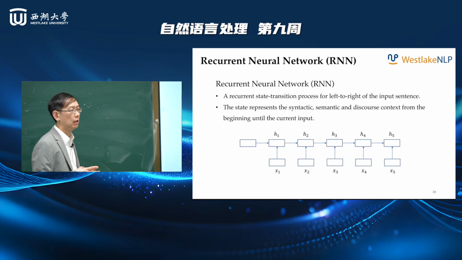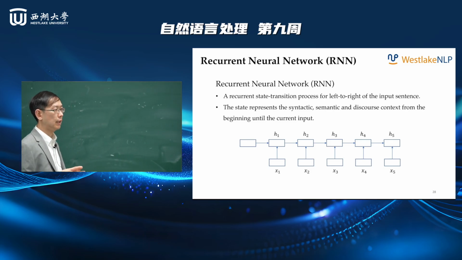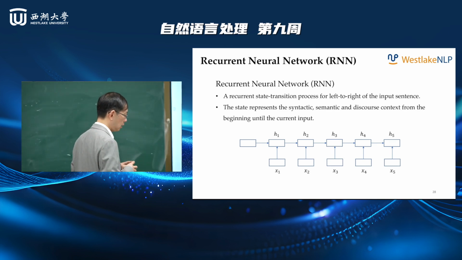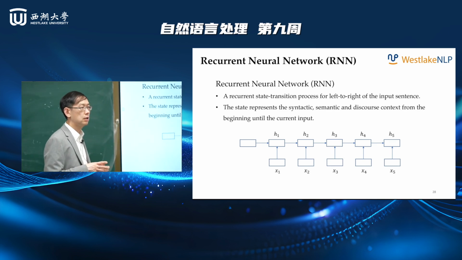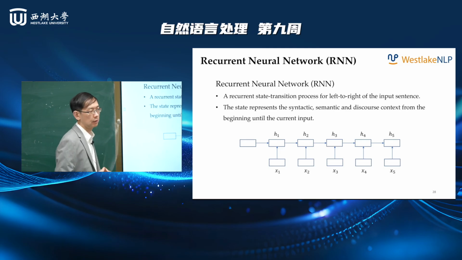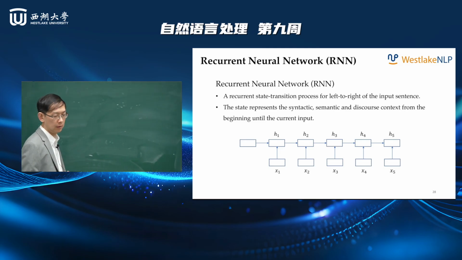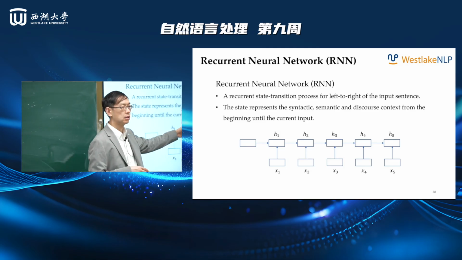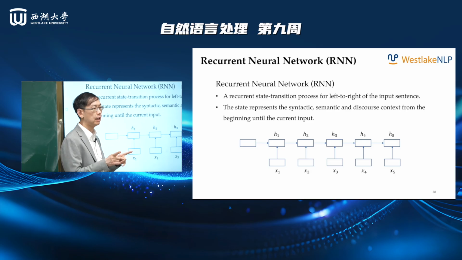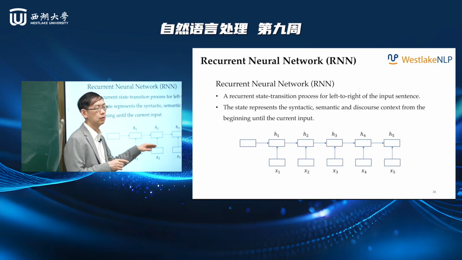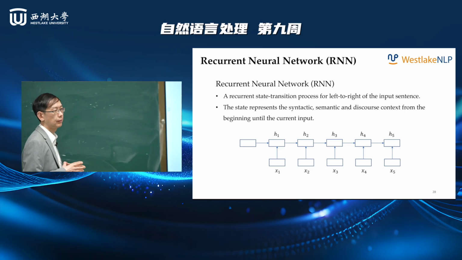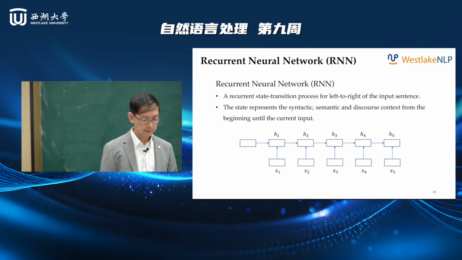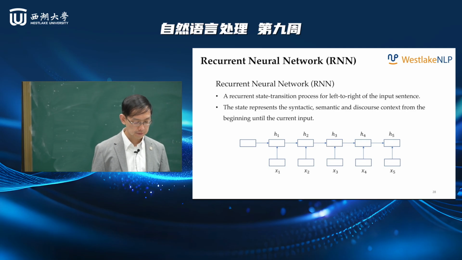Each time we use an elementary neural network structure to integrate the current state and the current input to create a new state. If we do that, towards the end of this neural network we will have a state that remembers the whole sequence information. And that should be better than a convolutional neural network in terms of coverage.